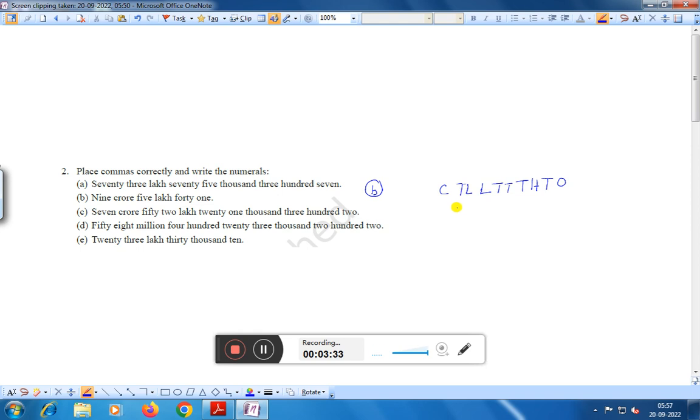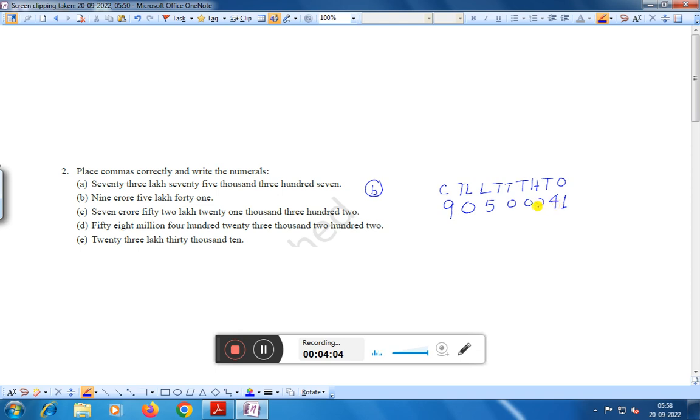That means 9 crore 5 lakh 41. 9 crore, that is 9 crore, 5 lakh, that is you will put 0 here, 5 lakh, 41, that means 0 0 0 4 1.